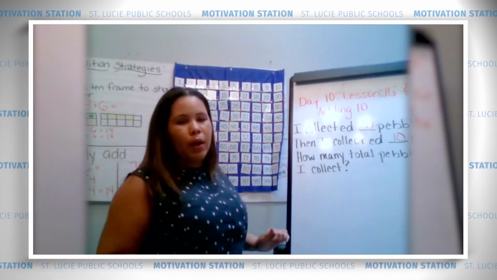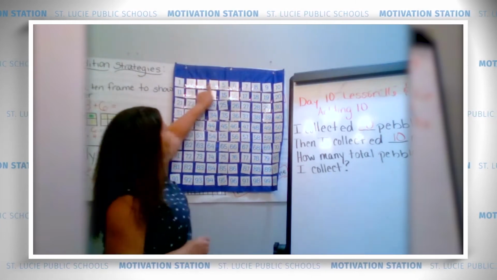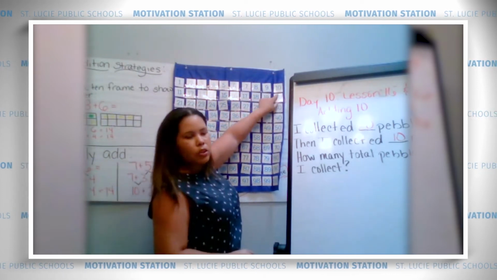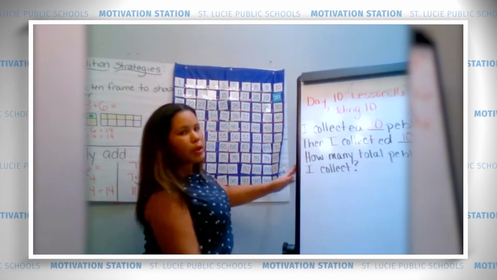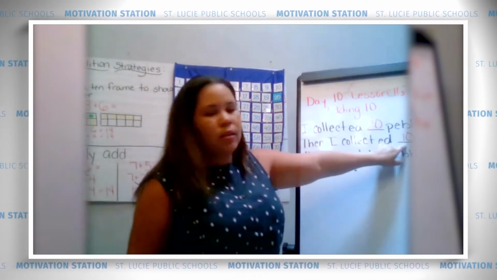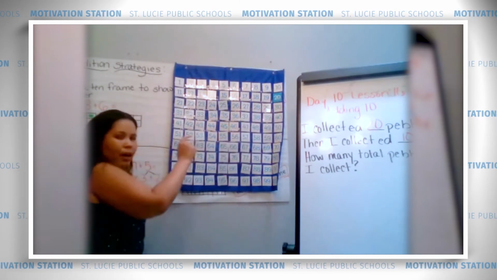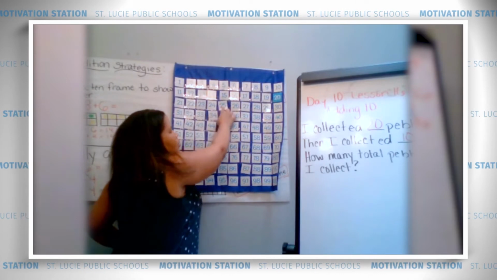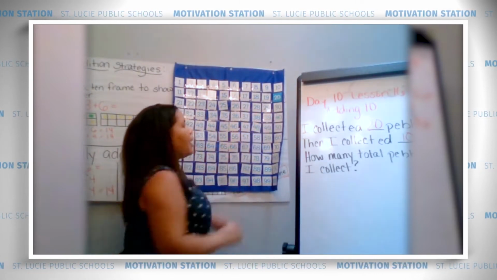So I collected 20 pebbles. On my 100 chart, I'm going to go to the number 20, which is here, because this is my starting point. So I'm going to flip that over. So we know we are starting at 20. Then I collected 10 more. Let's count 10 more. 1, 2, 3, 4, 5, 6, 7, 8, 9, 10.